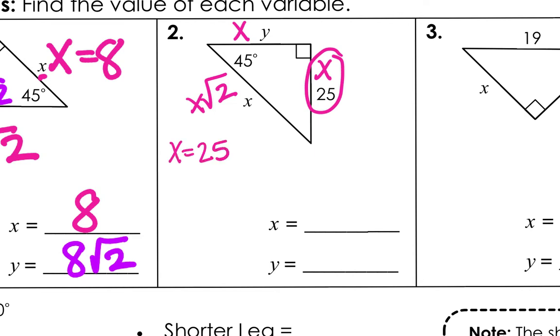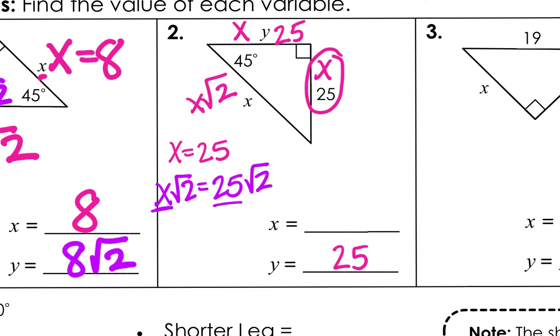So this side is also 25. Which means if X is 25, then X square root of 2 is 25 square root of 2. You're going to replace the X with what X is equal to. And that is how you do special right triangles.